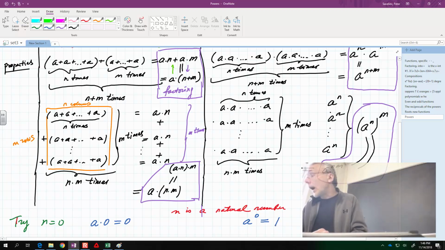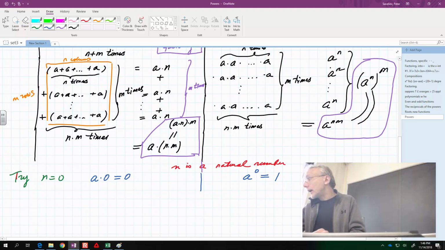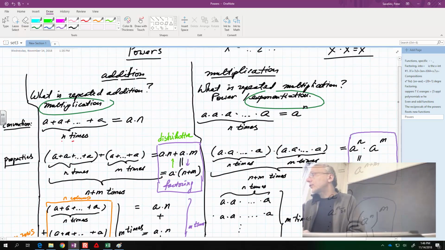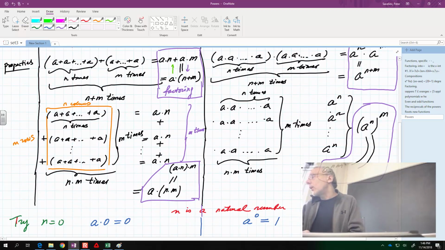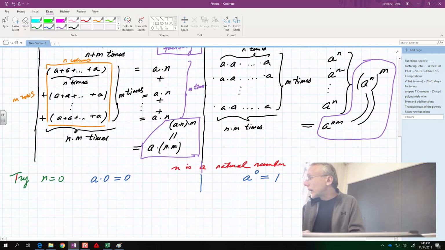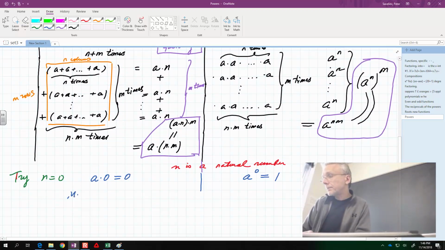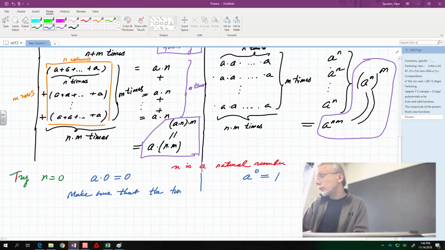So the question becomes why these things make sense, even though the description, the repeated addition, repeated multiplication, don't apply anymore. Well, the goal is we're going to make sure that the two rules still work.